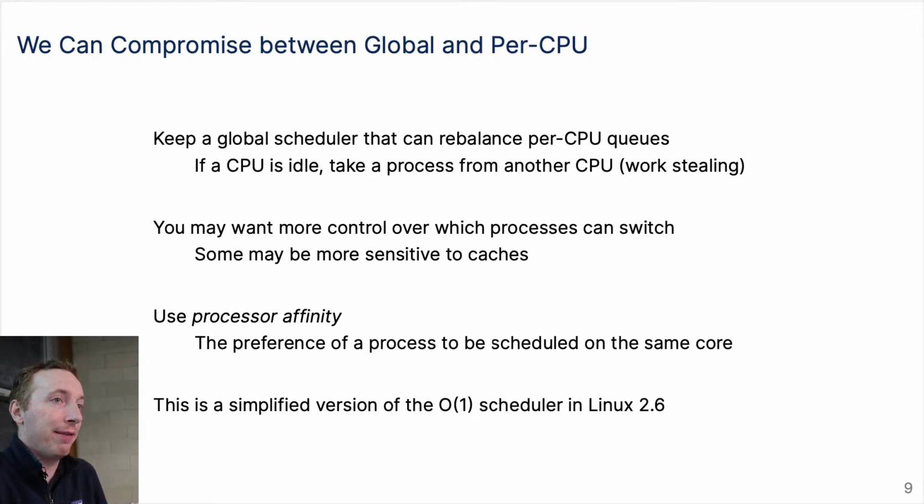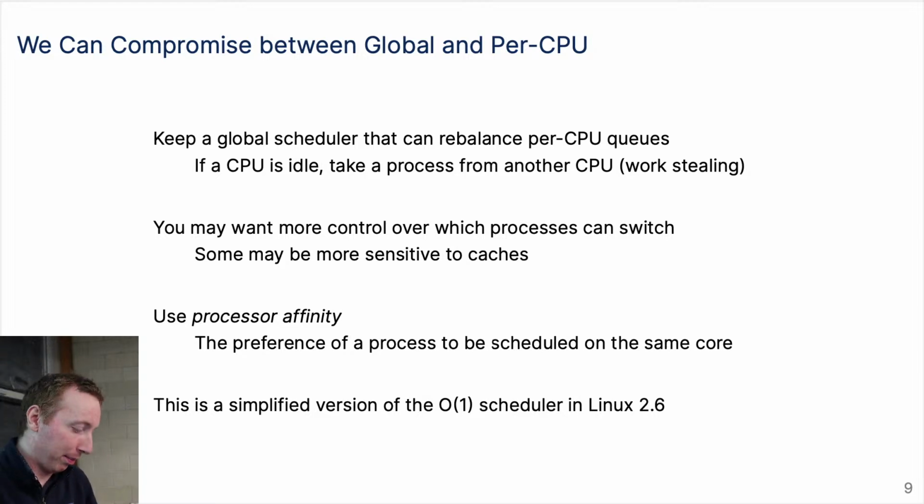So if you allow the scheduler to essentially steal processes and shift them between cores, you might want to control what actually happens. There might be a process you really care about that you don't want to be moved between cores, and it might be really sensitive, so you want some form of control where you can keep it on the CPU core if you absolutely need to.